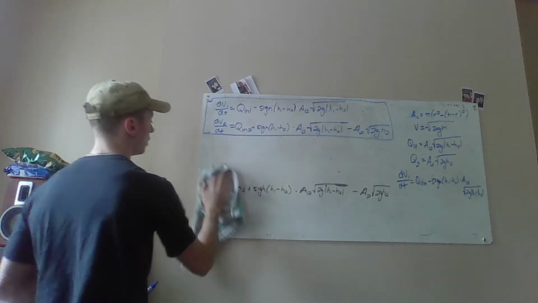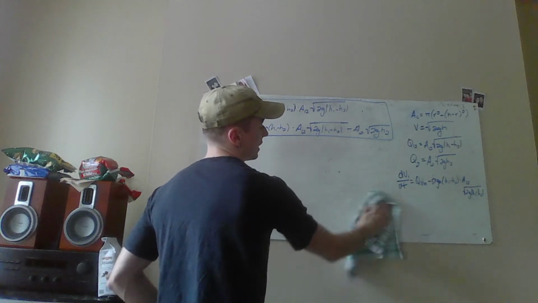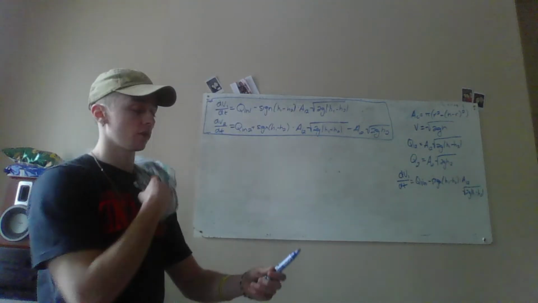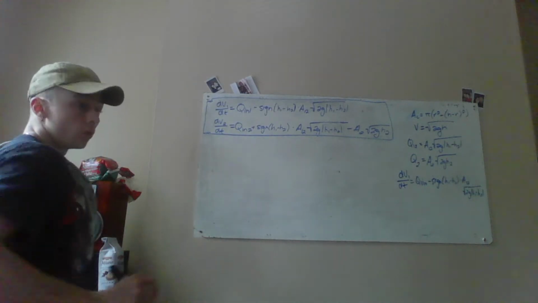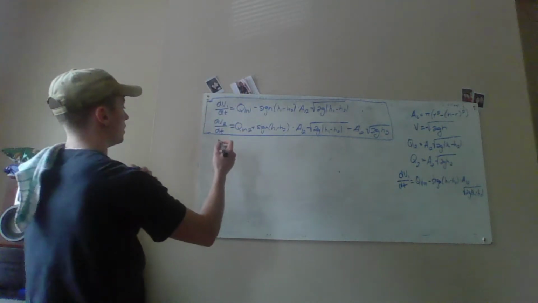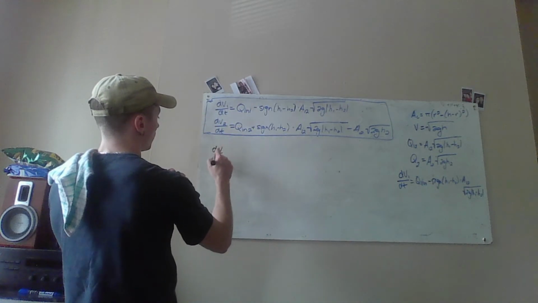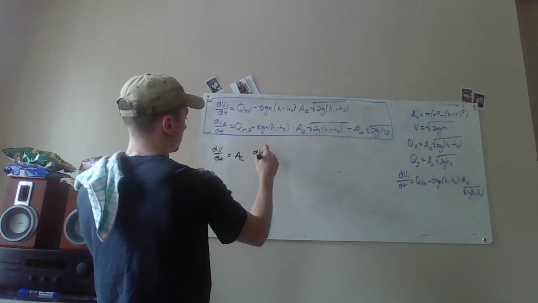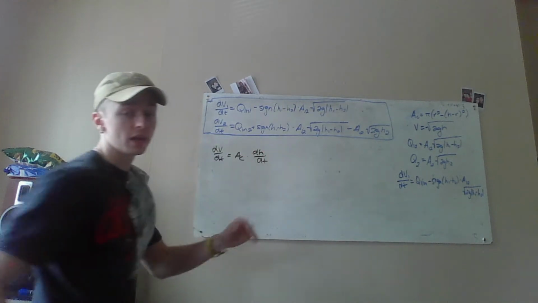And so now, at the beginning, I said that since we solved for the cross-sectional area, the initial flow rate of the tank with respect to time is equal to the cross-sectional area times the change in height with respect to time in both tanks.